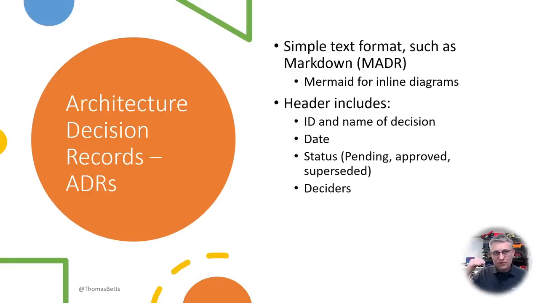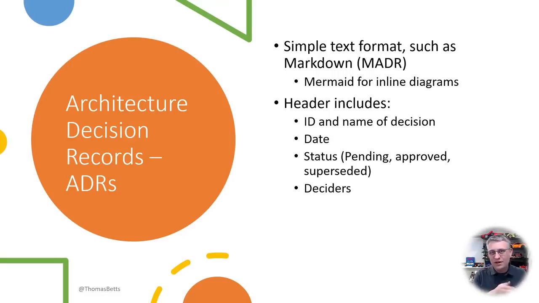The ADR starts with a header that has header information. I already described the ID and the name get added when you create the new file. The date and the deciders, I think, are really important. The date tells you, is this a new decision? Was this in the last few months, or is it a couple years old? And if it's a couple years old, how much do I trust it? And then the deciders, I don't like saying it's who to blame, but it's who to blame. Because you should not put down a department name or a job title.